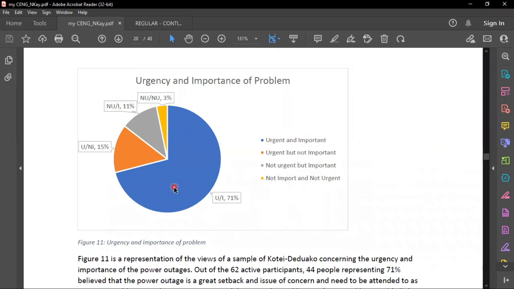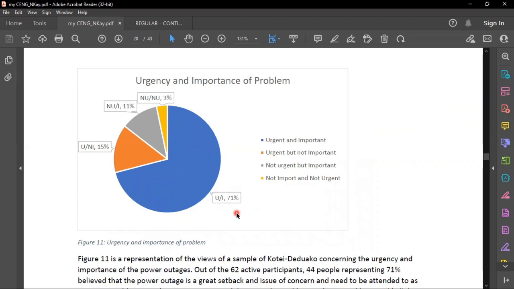Very good. So you see here, the blue colored one actually has a higher percentage, which is 71%. So it means it is what? Urgent and important. According to the research he did, the questions he had in mind to ask the inhabitants of the community, they responded to him that that problem in the community is urgent and very important to solve.